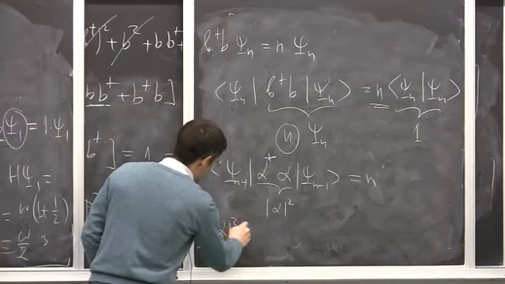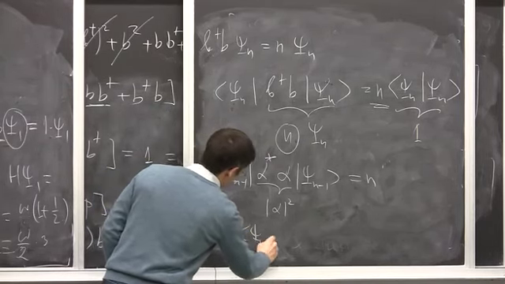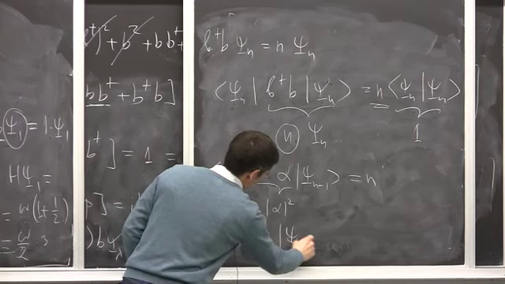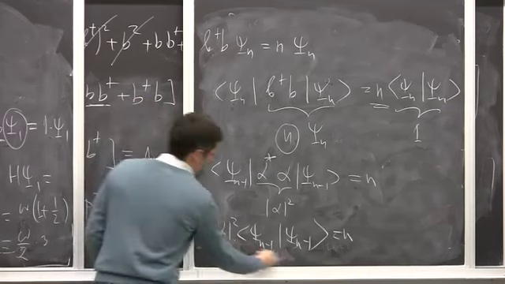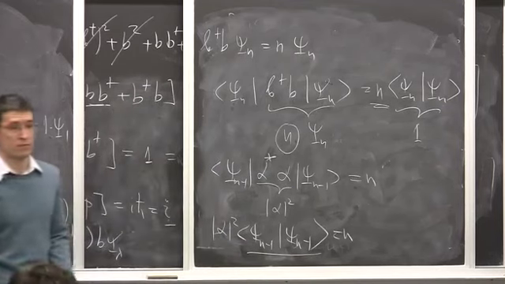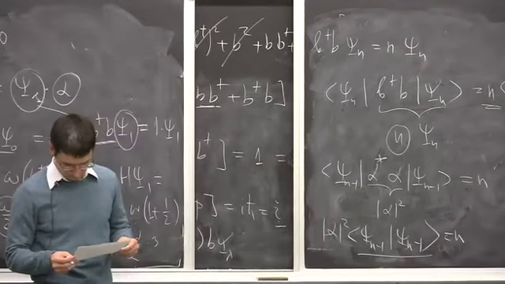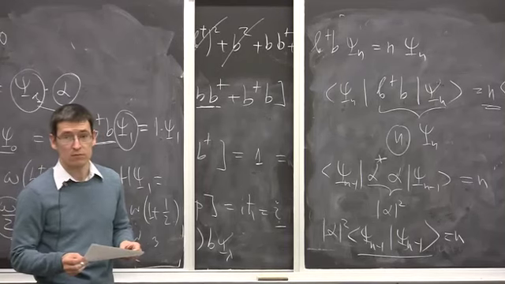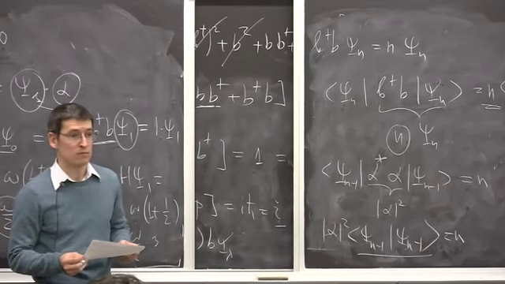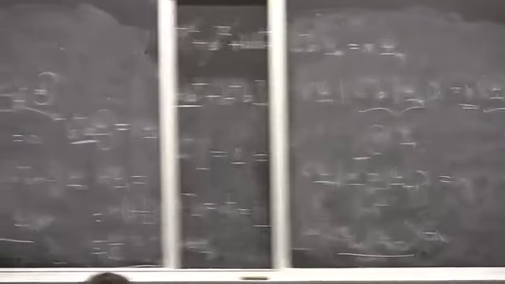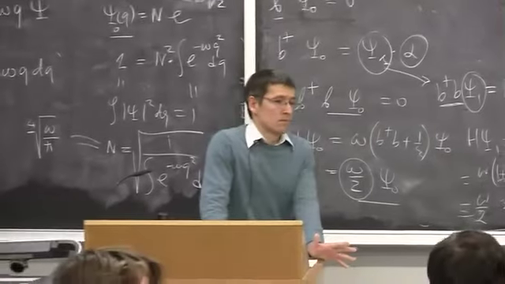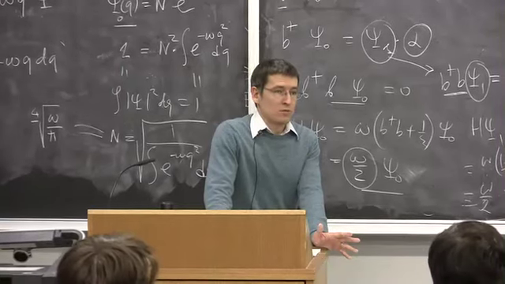Therefore, alpha squared multiplied by the integral of psi n minus 1, psi n minus 1 gives you n. And what is this? Eigenfunction of any problem.